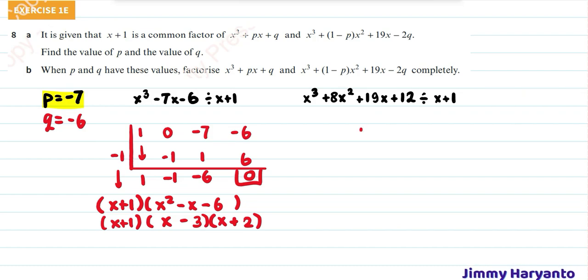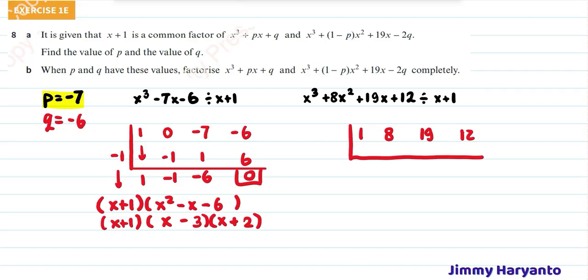The second is this one, 1, 8, 19, and 12 divided by x plus 1. That means x equals negative 1. This one is 1, negative 1, 7, negative 7, 12, and negative 12. Of course, the last one will be 0.